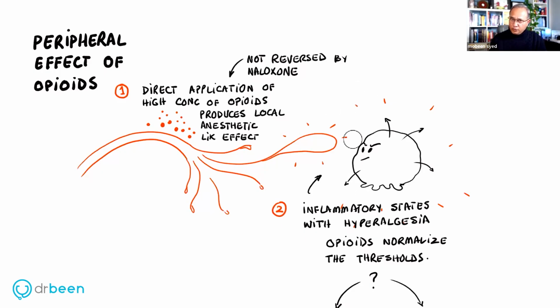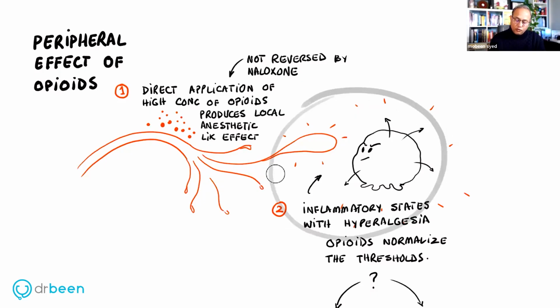And if we give opioids over here, the nerve becomes less excitable, nerve endings. The question is how? We don't know. We do not know if it is the opioid's effect on the nerve ending somehow, or if it is the opioid's effect on the immune system, because we know that there are opioid receptors on the immune cells, or if it is both. We are not clear.